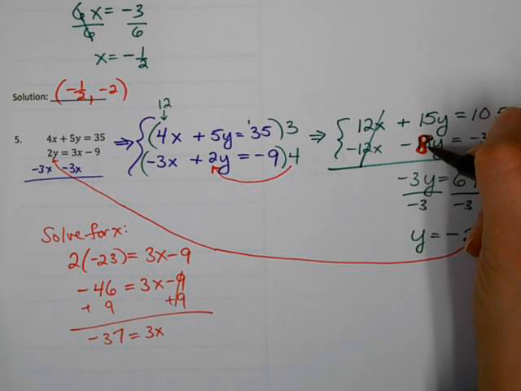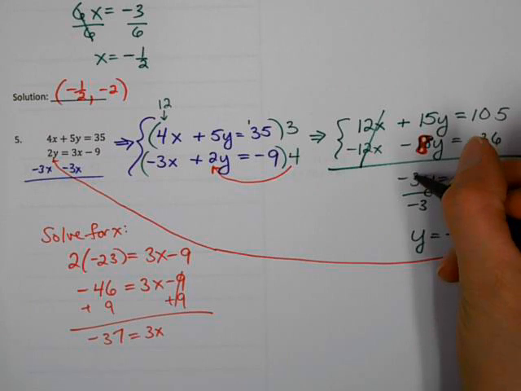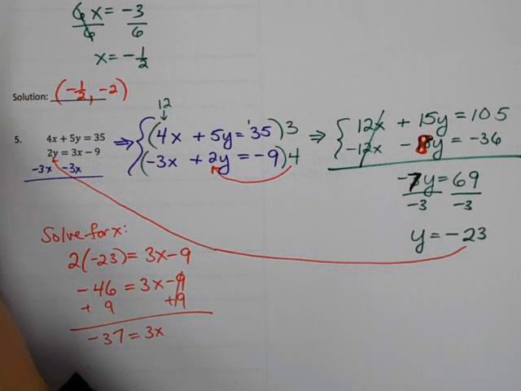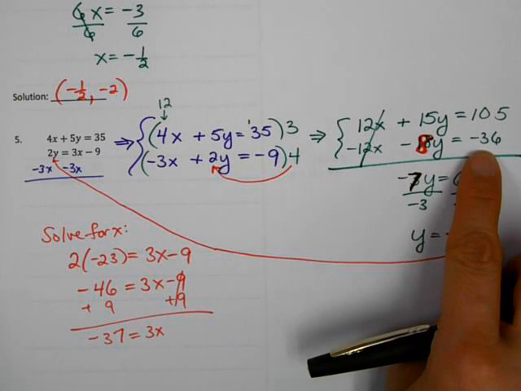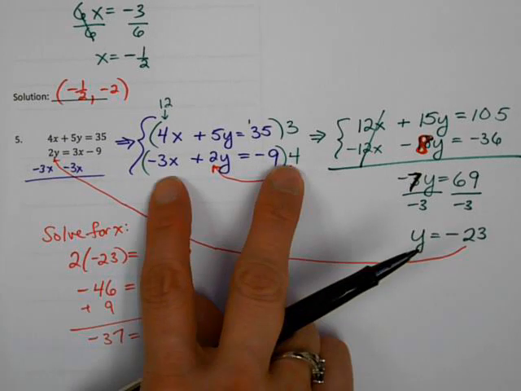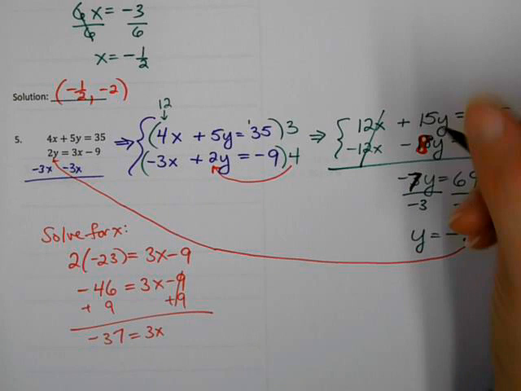15 minus 8 is 7. And 9 times 4 is 36. Times by 4, times by 4. And that's supposed to be a positive.